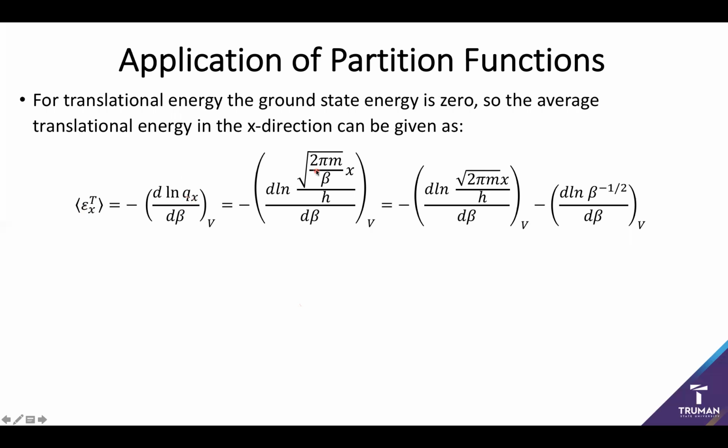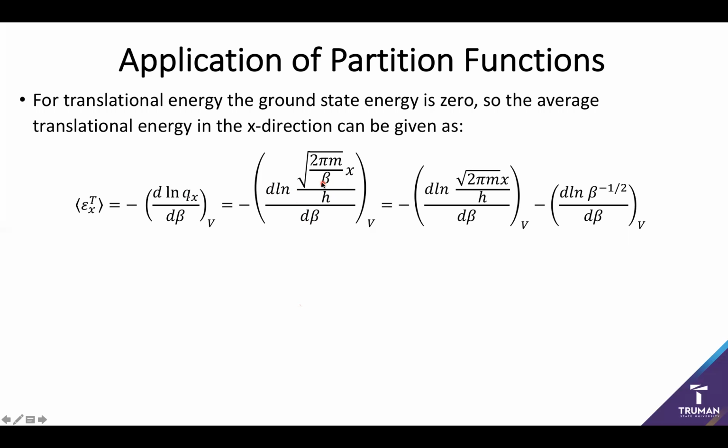Here, I replaced 2 pi m kT with 2 pi m over beta, because kT is the same as 1 over beta, and then again times x. So if I'm taking the derivative of this whole component with respect to beta, is there any way to just isolate the beta terms?